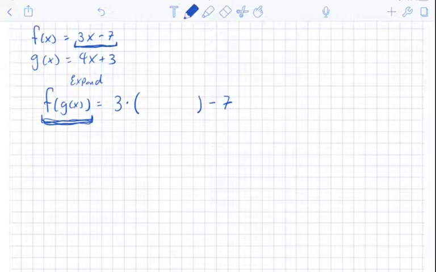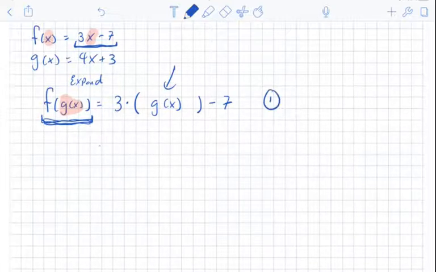And then, according to the replacement rule, I'm going to replace the x's with g of x. It means that whatever number the g of x function spits out, I'm going to plug into this. So that's step 1.